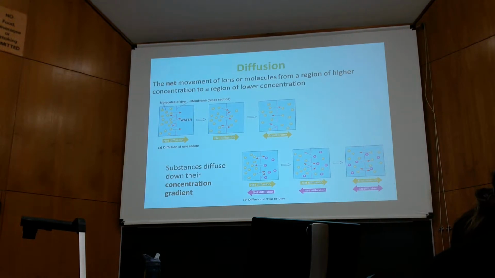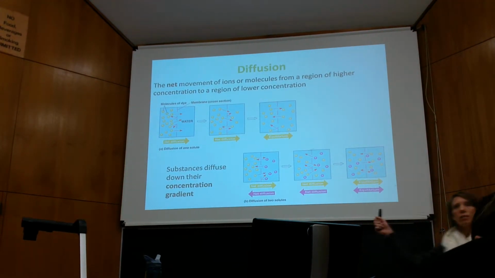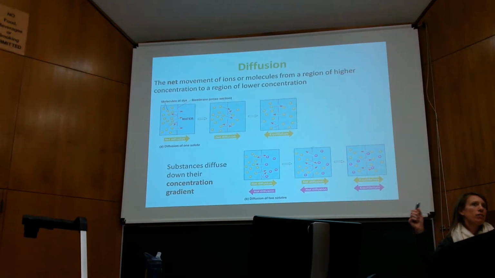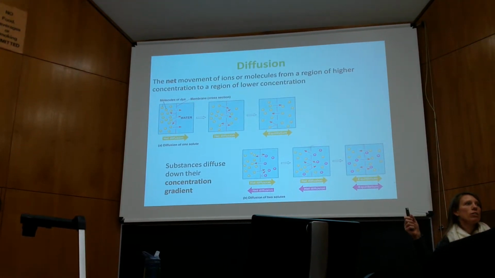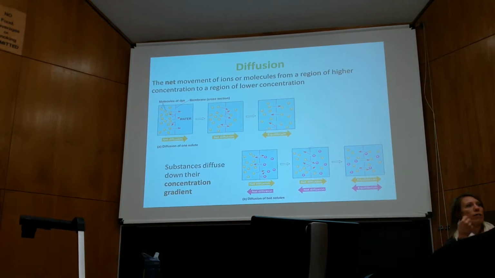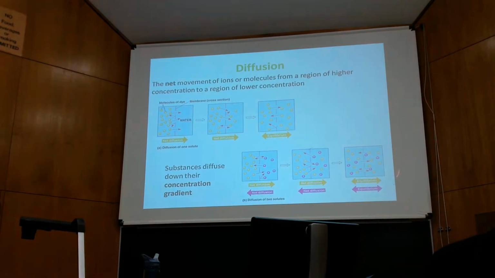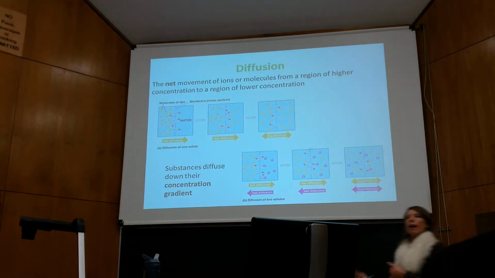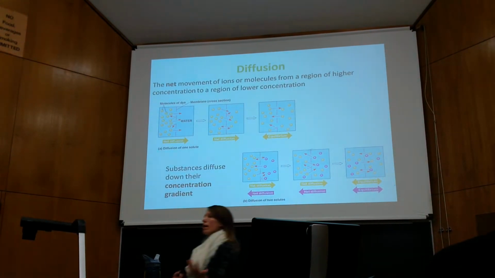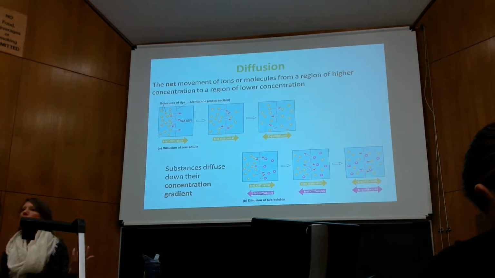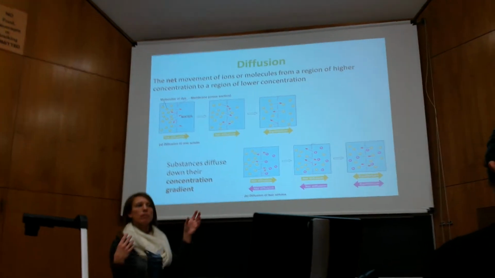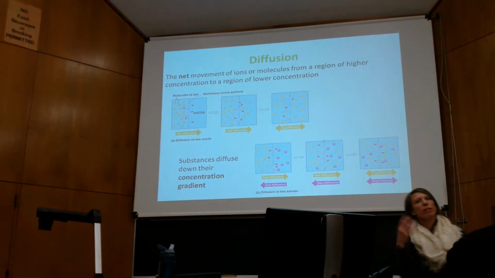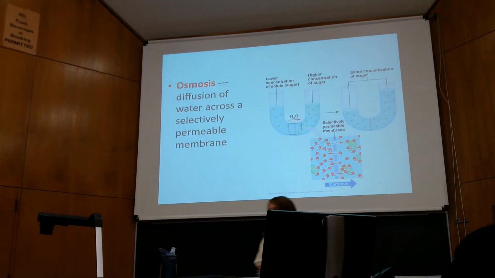This just has to do with chance. If you have 10 molecules bouncing around on one side and one over here, you have 10 chances to 1 chance that it's going to pass through that opening. So again, it's just going to naturally move down a concentration gradient from high to low. So that's what passive transport is inside a cell. If there's an opening through one of these proteins, and it's higher concentration outside, it's going to move in, or vice versa. It's going to diffuse down a concentration gradient.